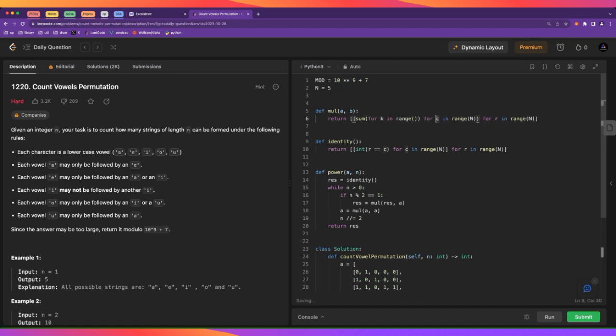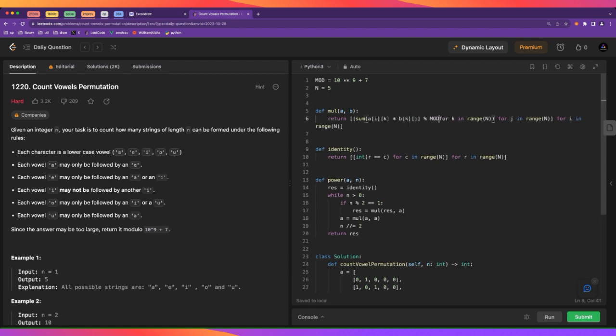We used i and j before, and k was the intermediate node, which also has n possibilities, and here we want a of i, k and b of k, j.